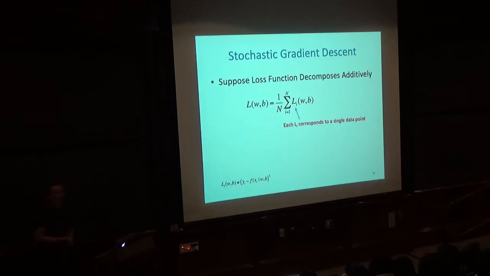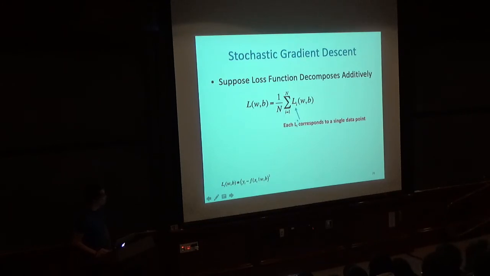Stochastic gradient descent is actually the backbone workhorse learning algorithm that is used in basically all modern machine learning packages, stochastic gradient descent and its more advanced variants. Okay, let's suppose that the loss function decomposes additively, which it does here. So here I'm just going to normalize everything by the number of training examples.